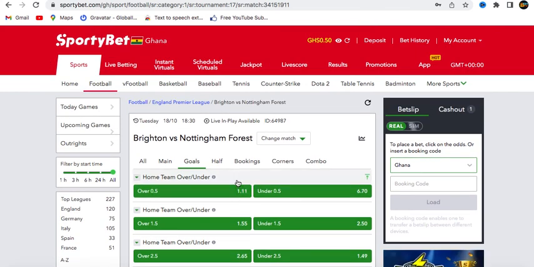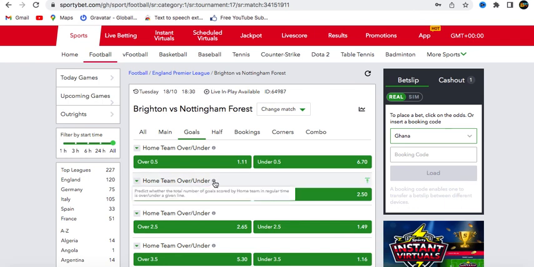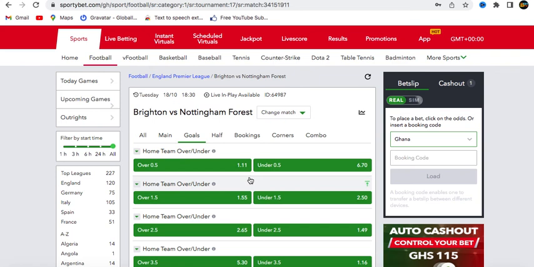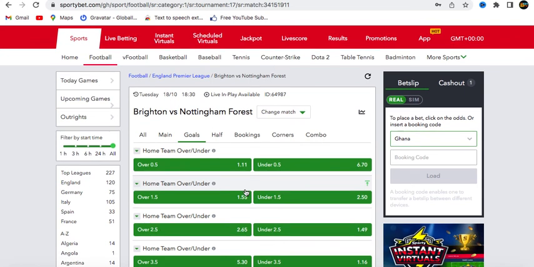If probably that couldn't happen, as it is a football match and there is no 100% in football, the prediction can change. But the chance for 2-1 to happen in this game is very high because of this strategy that we just used to predict. I hope you guys are really following the strategy.